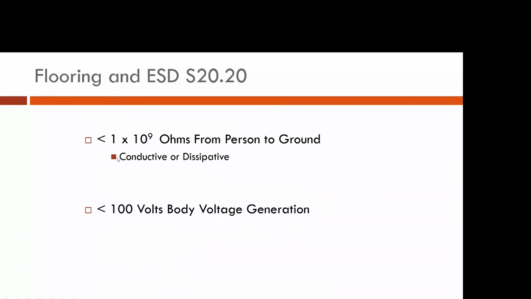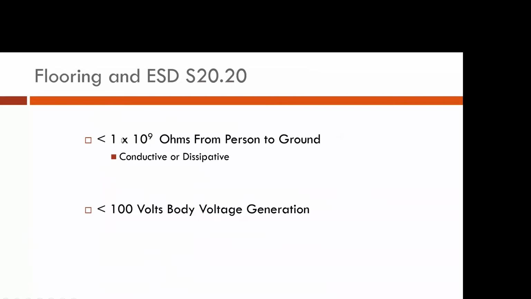Next we'll talk about conductive versus dissipative. I know I mentioned this earlier. Here we'll get into why and when you would go with conductive versus dissipative, who would and who wouldn't. And again, we always want to keep in mind that the body voltage generation should be under 100 volts for any ESD flooring to be truly rated as an ESD flooring.